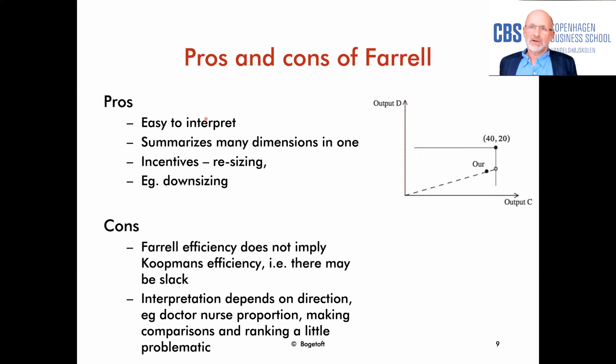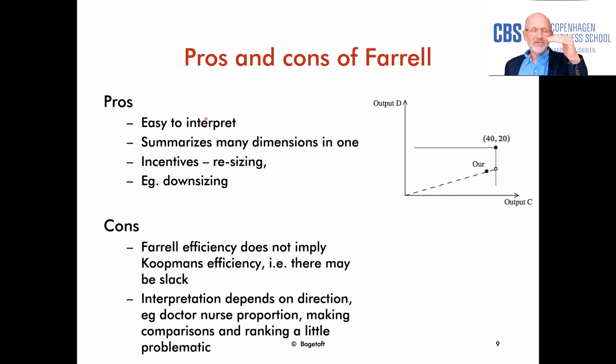We also saw in the presentation on regulatory benchmarking and on the combination of agency theory and benchmarking techniques that this way of measuring actually makes a lot of sense, for example, in a downsizing context, when there's a lot of asymmetric information between the principal and the agent.